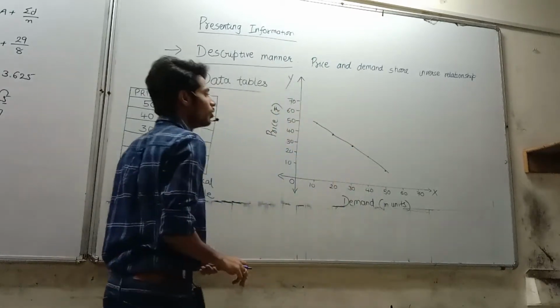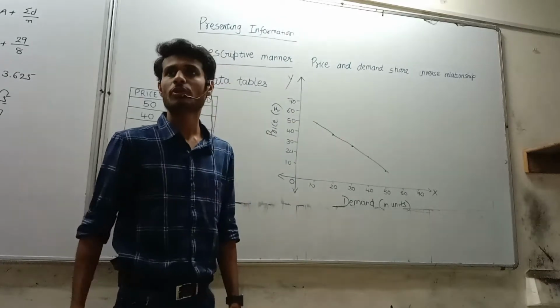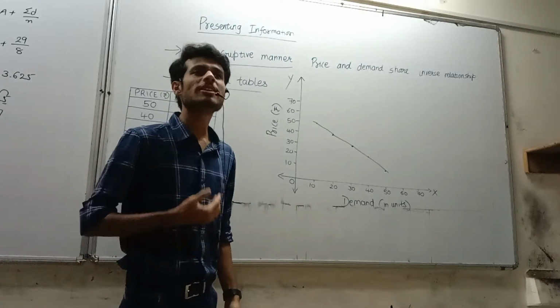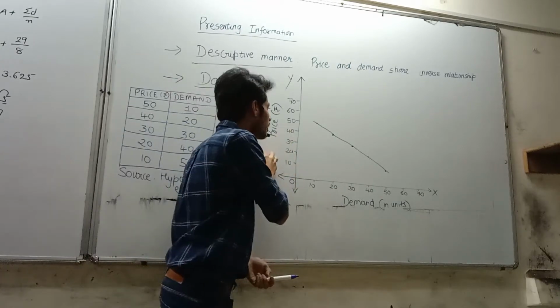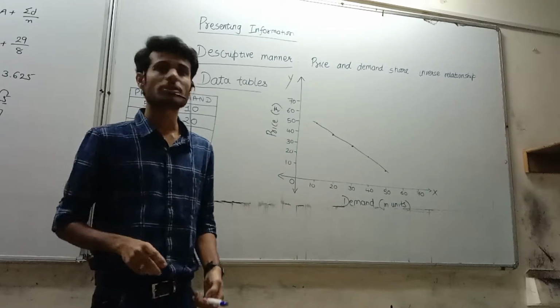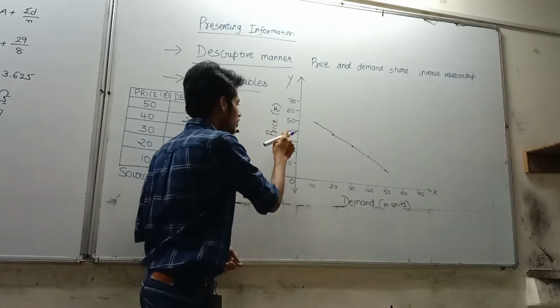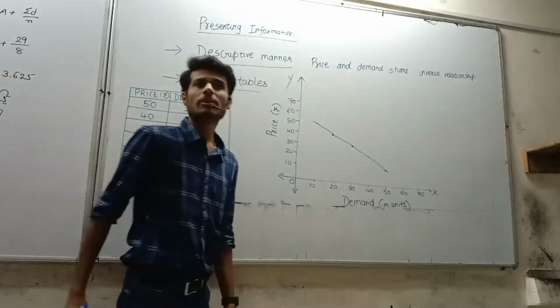Now, using this type of diagram or graph, you are easily able to say that price and demand share an inverse relationship, because as the price is reducing, the demand is increasing, right?